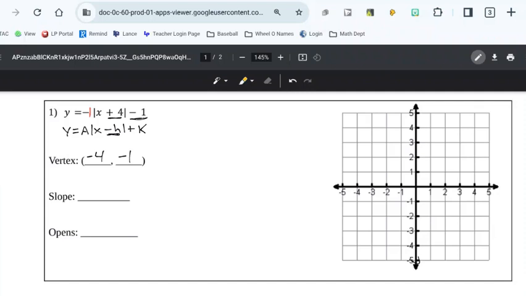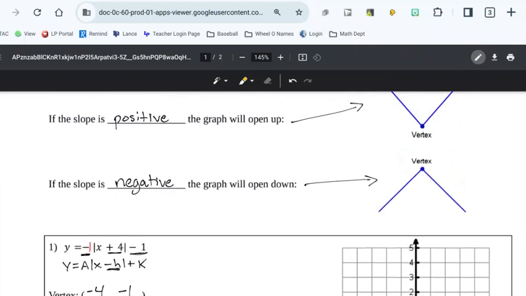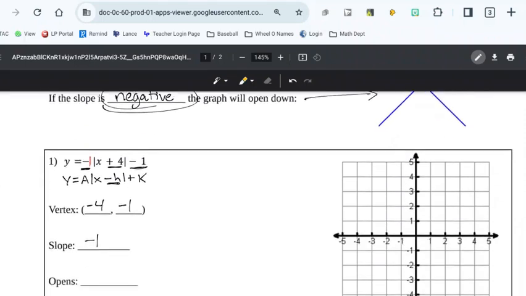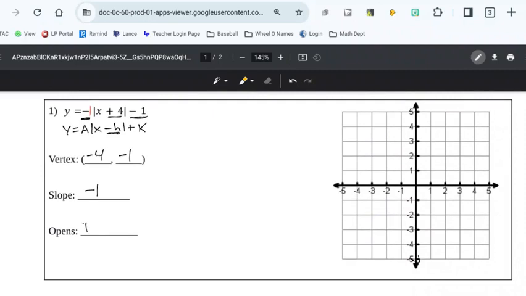Then to identify the slope, it is whatever our value for a is, which in this case is negative 1. And then which way is our graph going to open? Before we even graph it, well, what we just talked about: if the slope is negative, the graph will open facing down.